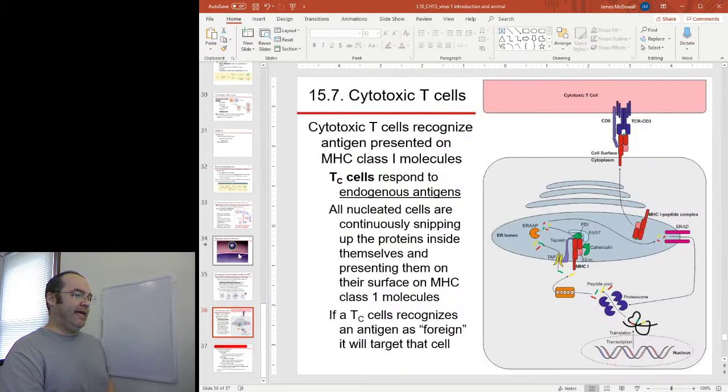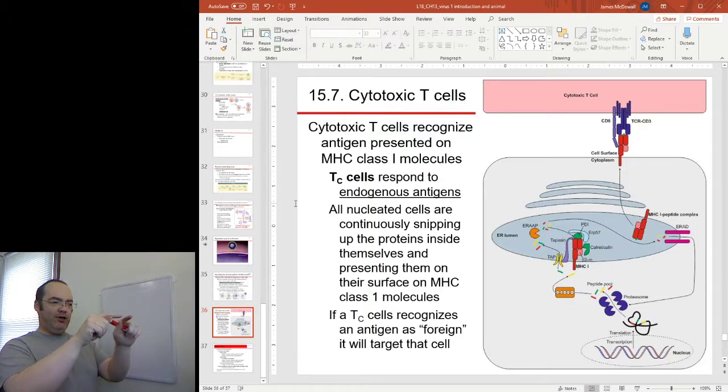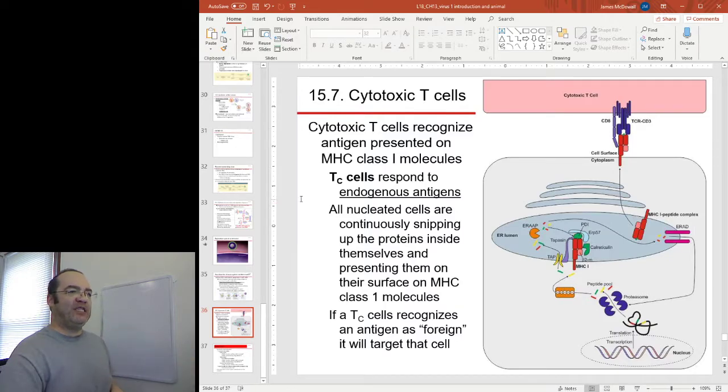What about other viruses that don't leave behind stuff on the outside of cells? Well, we have this other mechanism. Body cells throughout your body are continually looking at the stuff that's being made inside them, grabbing those proteins inside the cell, cutting them up, and displaying them on the cell surface.